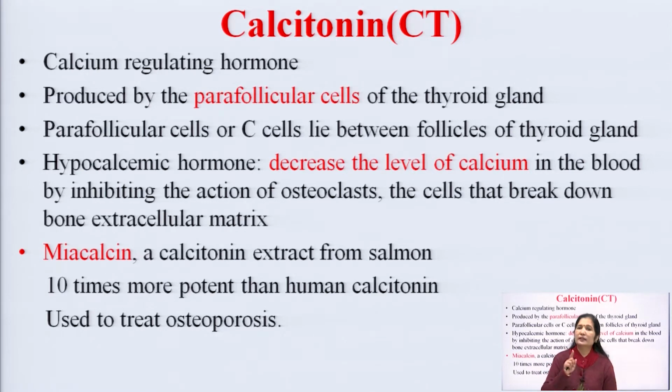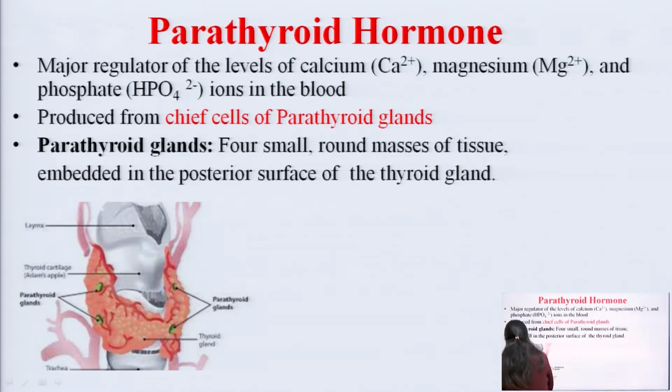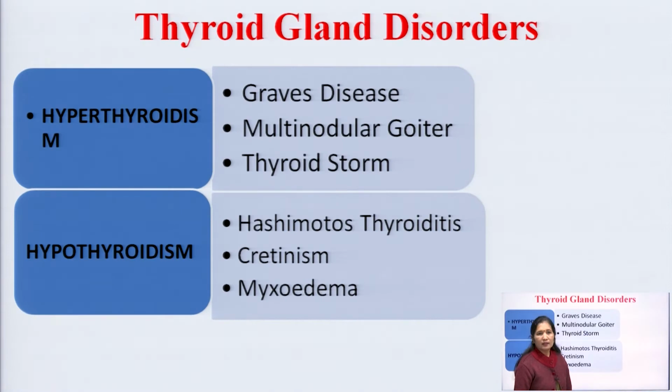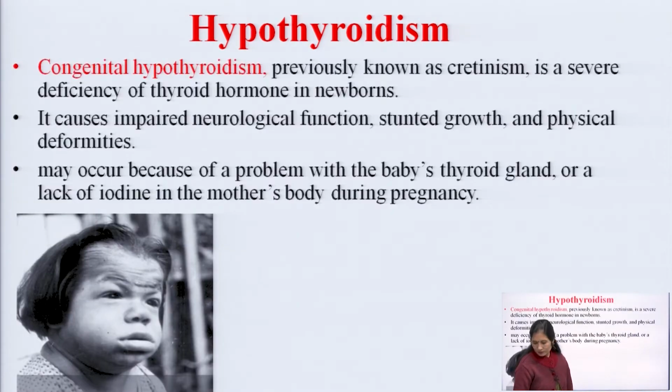Follicular cells secrete thyroid hormones T3 and T4, and the few parafollicular cells that are present between the follicular cells secrete calcitonin.